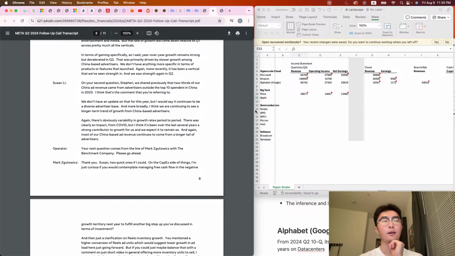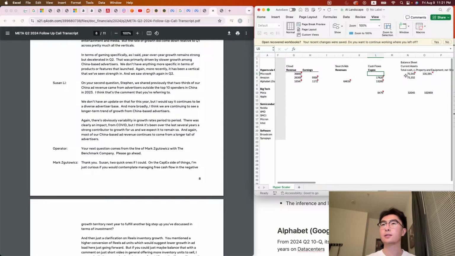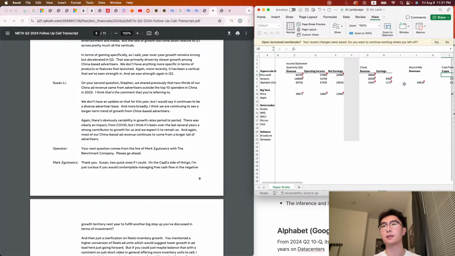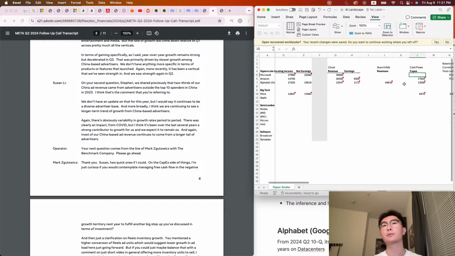For Meta and Microsoft, Amazon, Alphabet. It would be nice to have like a capex as a percent of earnings, right?